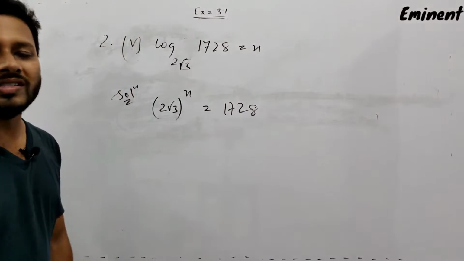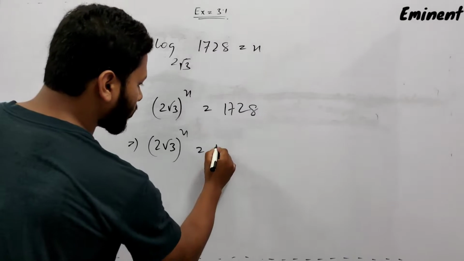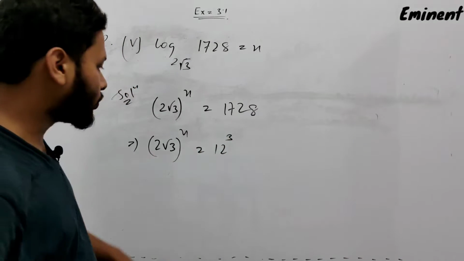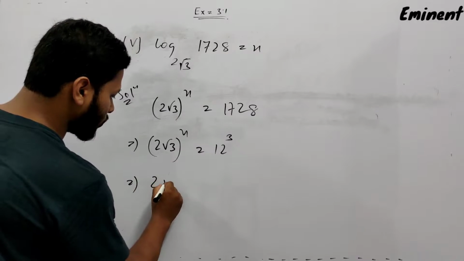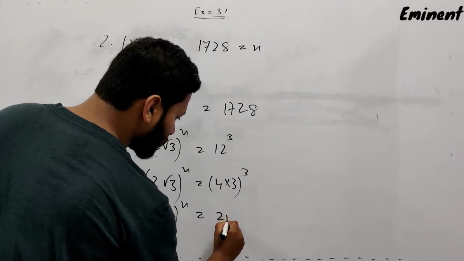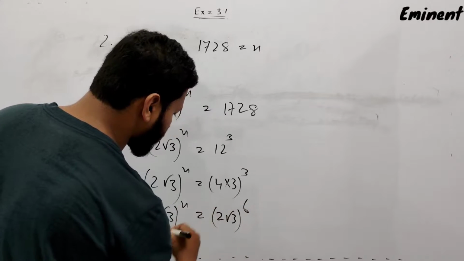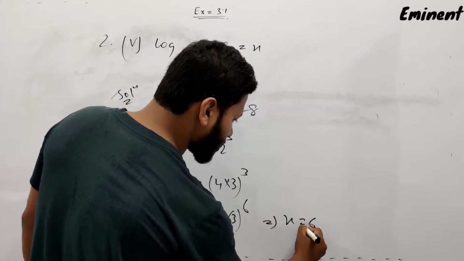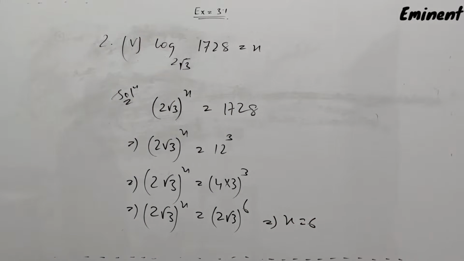And we know that 1728 can be written as 12 to the power 3. Now we'll write 12 in terms of 2 root 3. So it can be written as 2 root 3 whole to the power x, that is equal to 2 root 3 whole to the power 6. That means the value of x will be equal to 6. So the value of x is 6 here.